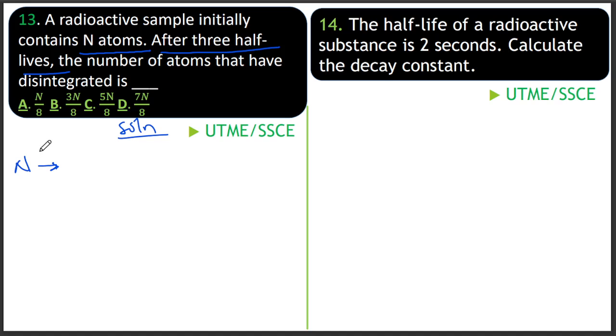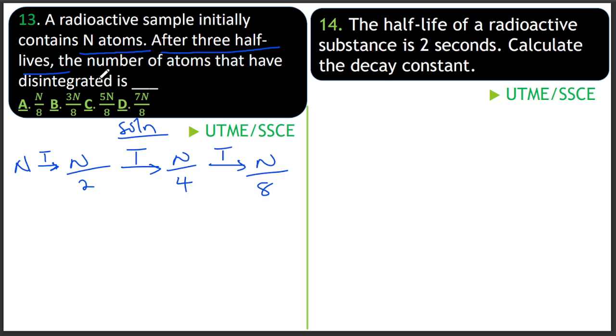The first half life, this will be N over 2. After the second half life, this will be N over 4. After the third, this will be N over 8. So I'm going to stop here.